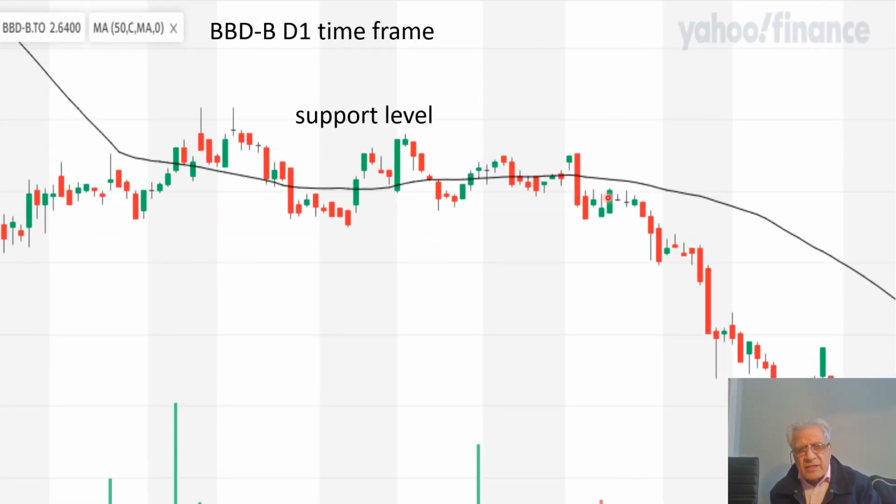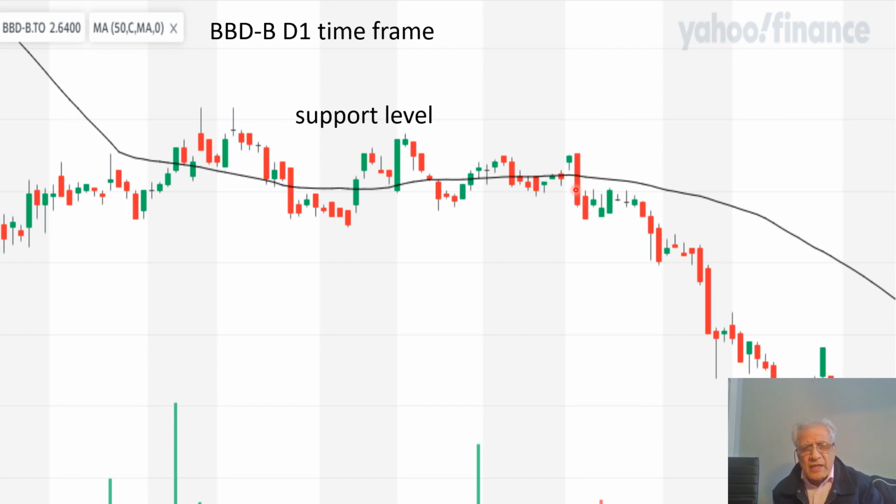This is the same graph as before. That is the SMA 50 simple moving average with 50 days. And this is the support area where the SMA is flattened and the price is fluctuating around the moving average.